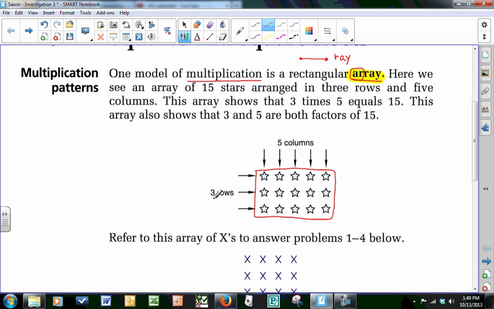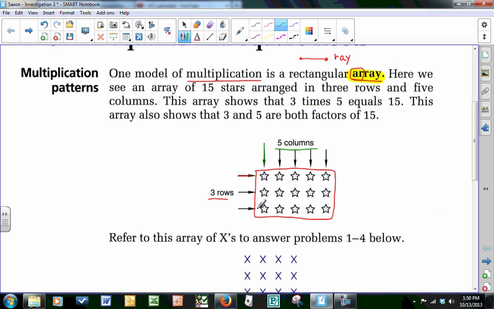They have 3 rows, and the rows go across from side to side horizontally. And then they have 5 columns, and the 5 columns go up and down vertically. If you're in my classroom or another whole brain teaching classroom, this probably reminds you of our power pick walls, because those power picks are arranged in an array. That's just another way for us to teach you about an array.